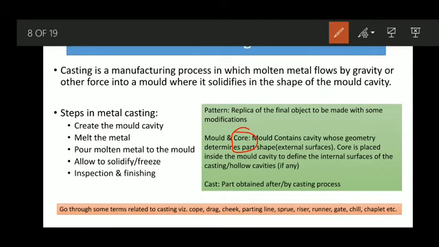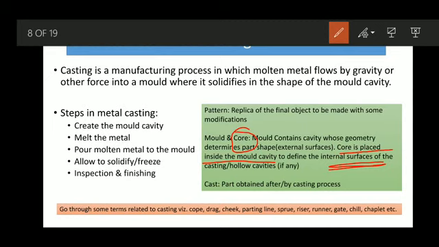If I need hollow cavities in the final cast, or the final product, then we have to use a core with whatever hollow shape is needed. The core is placed inside the mold cavity to define the internal surfaces of the casting. So whatever hollow shape you need in the casting, that kind of core you place inside the mold.